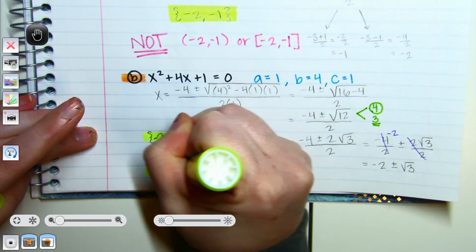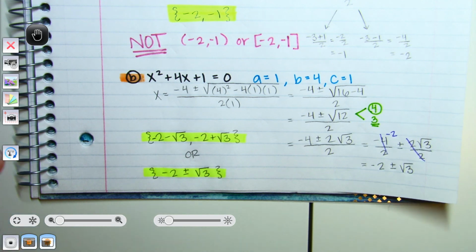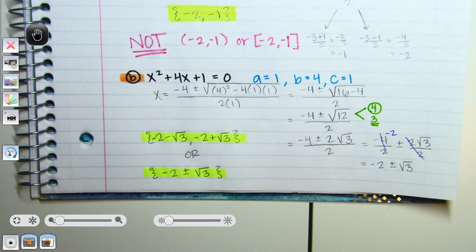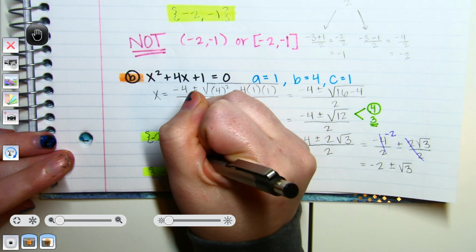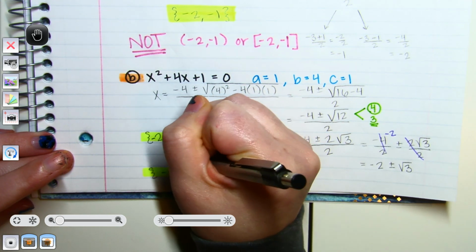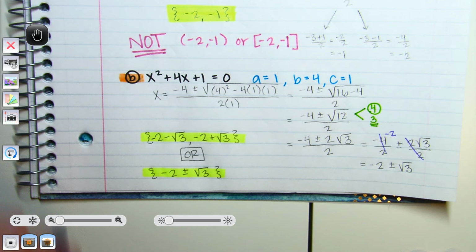Some people feel more comfortable splitting it up. Some people feel more comfortable writing it kept together. Me personally, I usually write it together out of sheer laziness of not wanting to write more. But I will accept it either way.